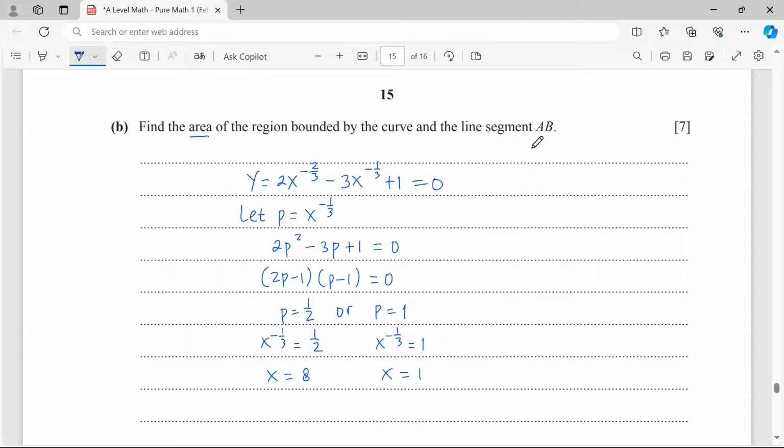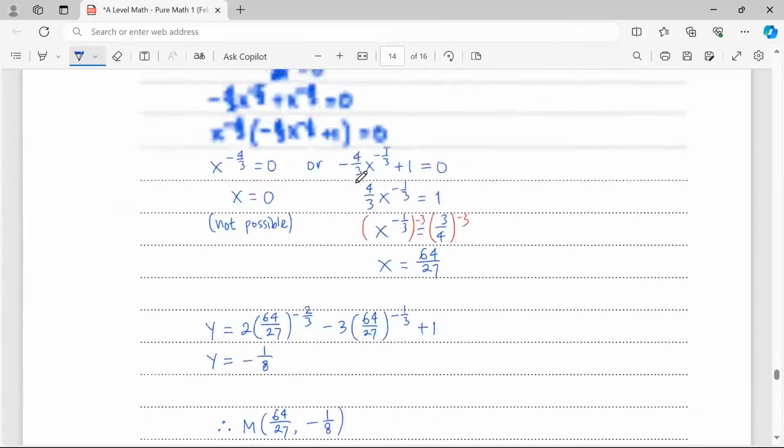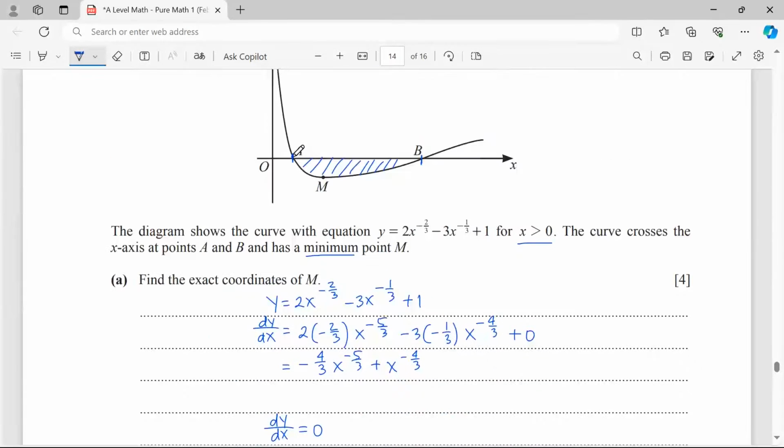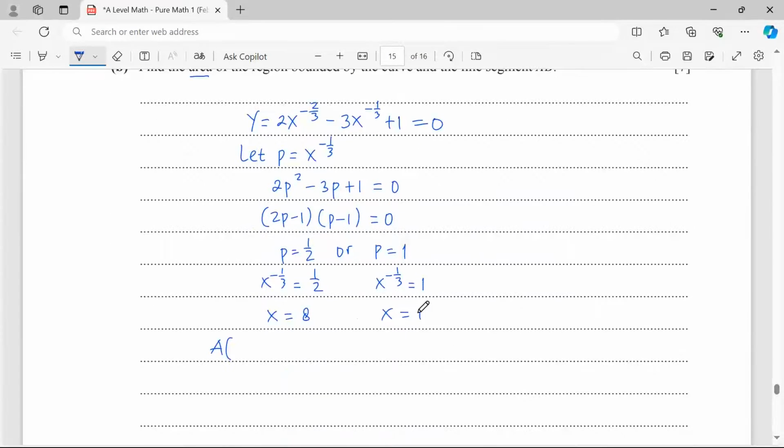So we got the coordinates of A and B. A is here, so the x value is smaller than the x value of B. That means A is (1, 0) and B is (8, 0).